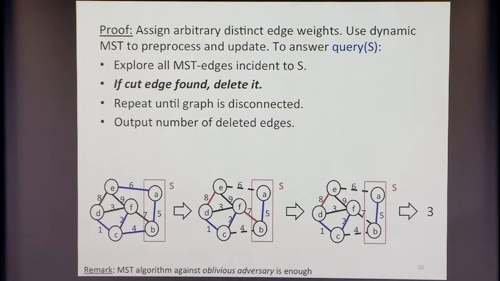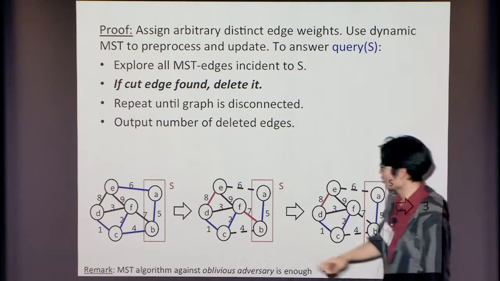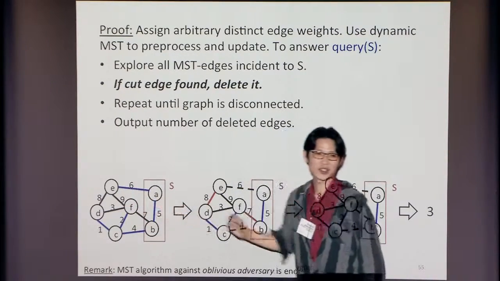And okay, this is just a quick proof of why the lemma is true. Right now you just want to solve the emergency cut size oracle. You start with a graph and you just give arbitrary weights to the graph. So let's say you start with this graph, you have these weights here.